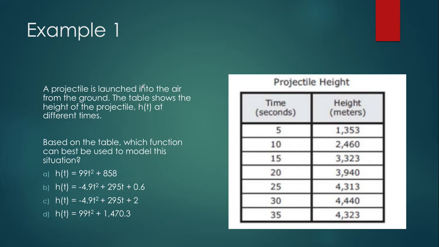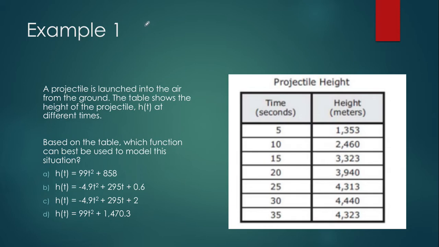A projectile is launched into the air from the ground. The table shows the height of the projectile h of t at different times. A lot of people may ask themselves, after we do quadratic regression, linear regression, exponential regression, well, wait, which regression am I doing? And you have to think about the example. A projectile is launched into the air.